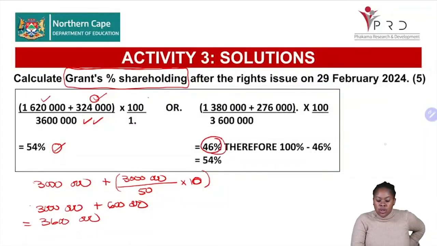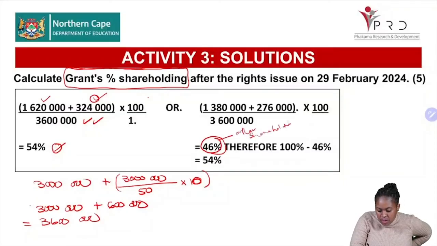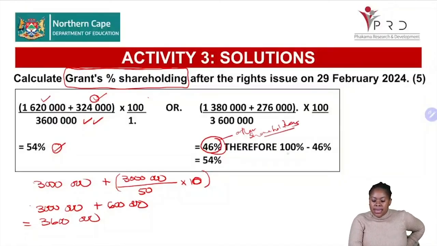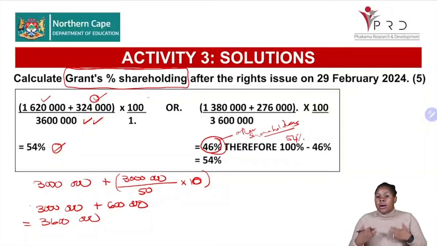This is what was not issued to Grant, so this is what's issued to the other shareholders. That means out of 100%, Grant had the remaining 54%. You could have used either approach as long as you got to the final answer and showed your workings. It's very important for you to always show your workings, grade 12s.